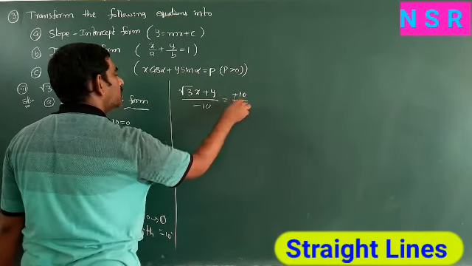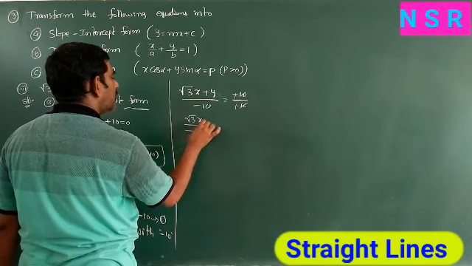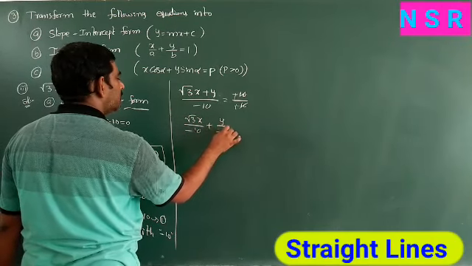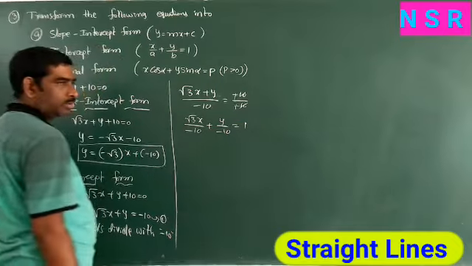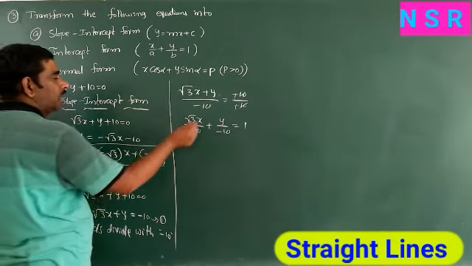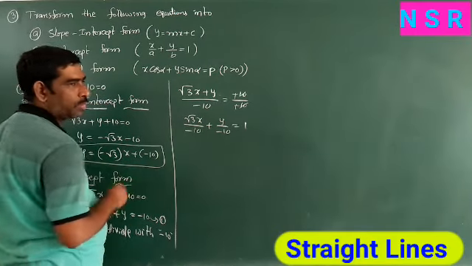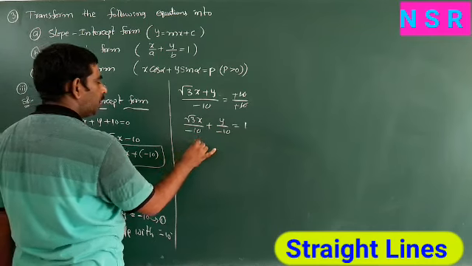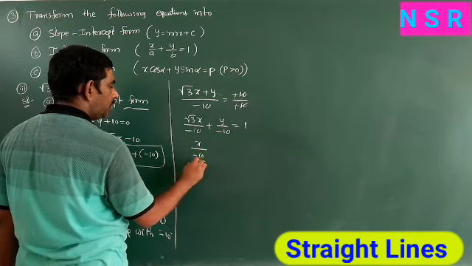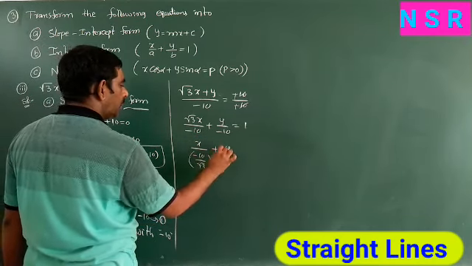Here minus gets cancelled, 10 gets cancelled. So root 3x by minus 10 plus y by minus 10 is equal to 1. Now in intercept form, the x coefficient and y coefficient are always 1. So root 3 moves to the denominator, it becomes x by minus 10 by root 3 plus y by minus 10 equal to 1. Now it is in the intercept form.